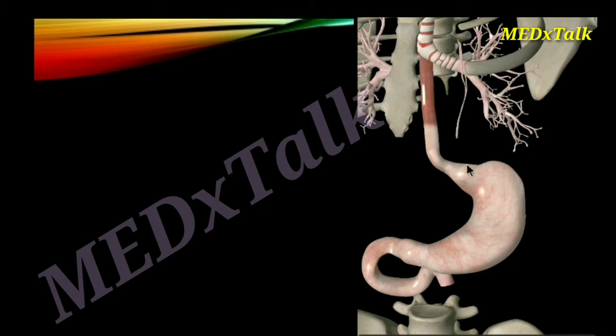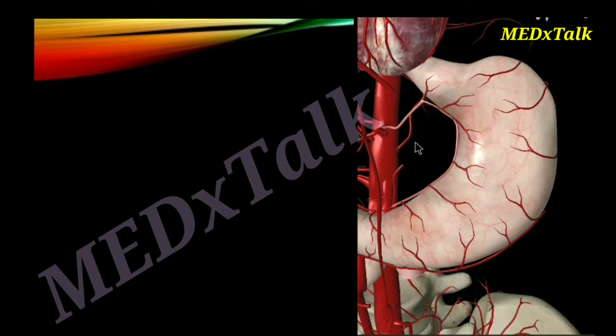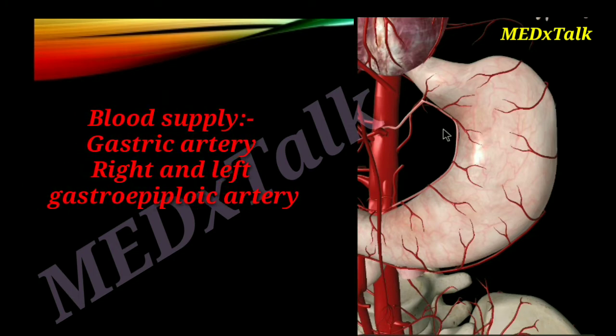Now we discuss the blood supply of the stomach. Here we can see the left gastric artery, which supplies the lesser curvature of the stomach. Here we can see the left gastroepiploic artery and the right gastroepiploic artery, which supply the greater curvature of the stomach.